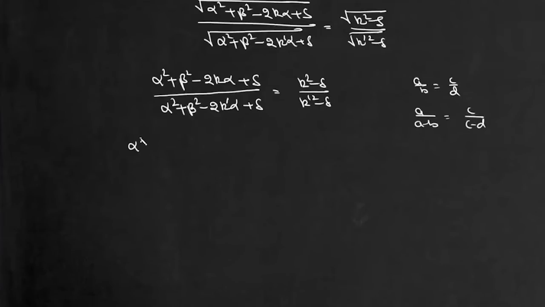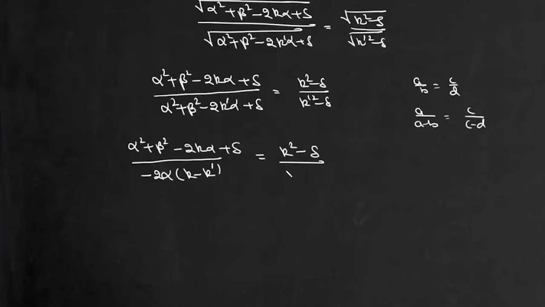So we can write alpha square plus beta square minus 2k alpha plus delta upon, and if we subtract this, we can write minus 2 alpha into k minus k dash, and this is equal to k square minus delta, and it is k square minus k dash square.